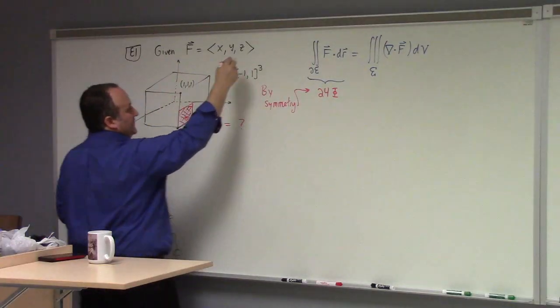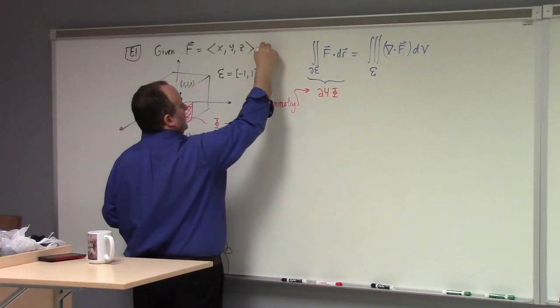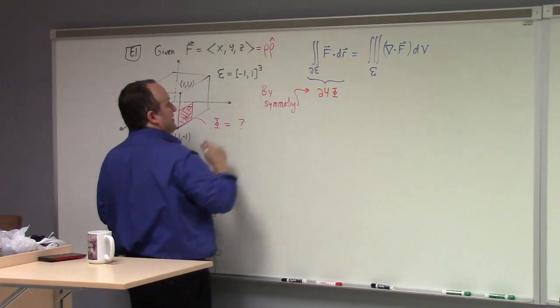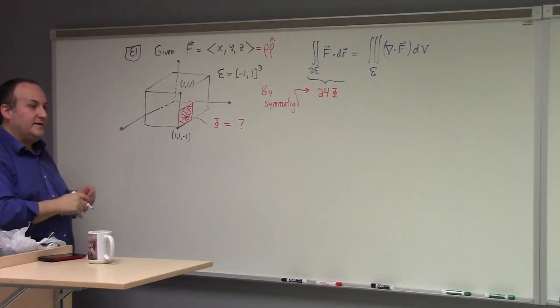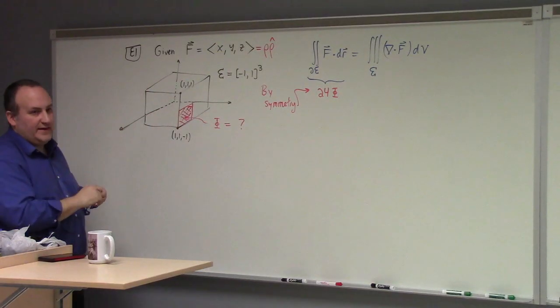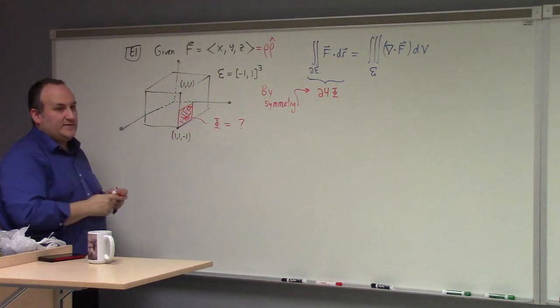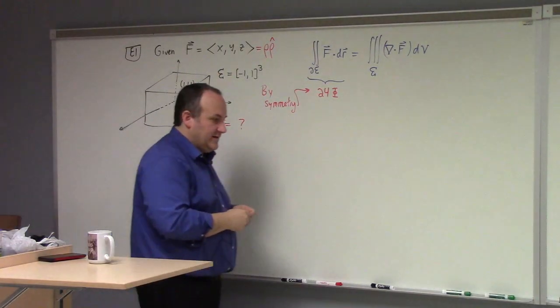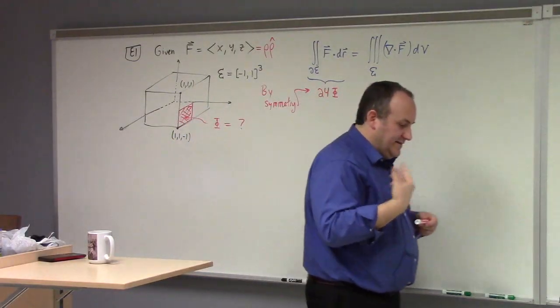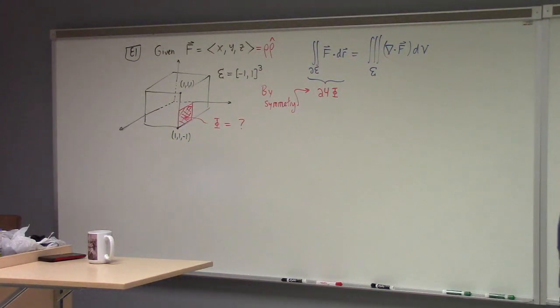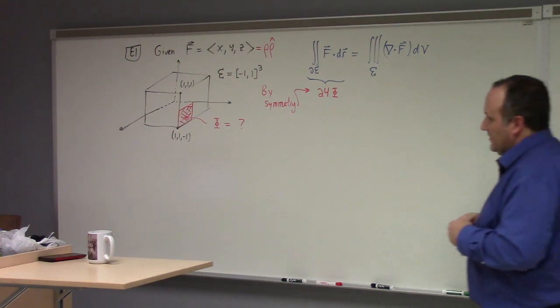And the thing is, this vector field, as we have talked about before, is really rho hat, which is manifestly spherically symmetric, right? It's the same in all different directions. If you like, another way to see it directly, and even in terms of the Cartesian variables, is there's an x, y, z interchange symmetry here, right? It's like the x is to x, y is to y, z is to z. It has this symmetry. I'm being a little bit vague about how we define symmetry, aren't I? And that's okay, because that's how we do.